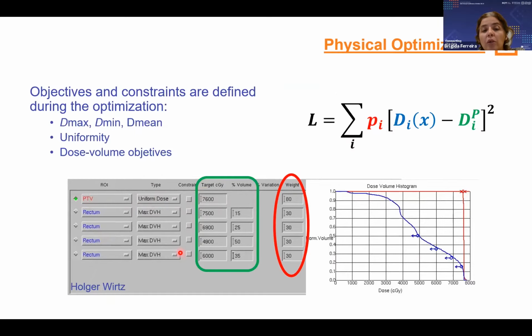Then we also define the objectives for the organ at risk, in this case, the rectum. You see, we are using here different dose volume objectives that are also defined here. Then you also have to define the importance factors or the weights. And here you are saying that the target volume is about 3 times more important than the rectum.